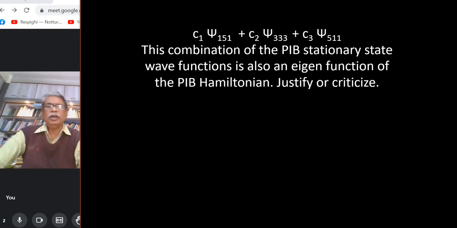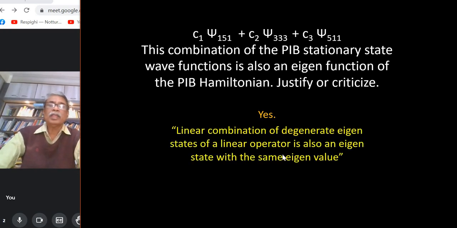So it apparently looks a bit difficult, but it's a rather tricky question, and simply you can catch the trick. What is the trick? There is a theorem involved here. You have to identify it. First of all, the answer is yes, it is justified. And what is the theorem? A linear combination of degenerate eigenstates of a linear operator is also an eigenstate with the same eigenvalue.